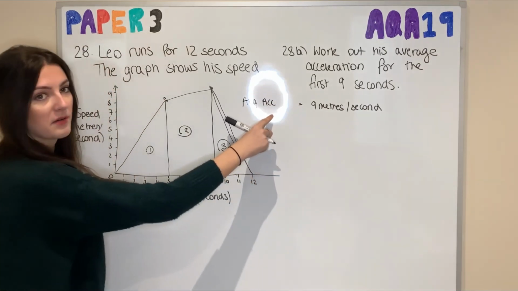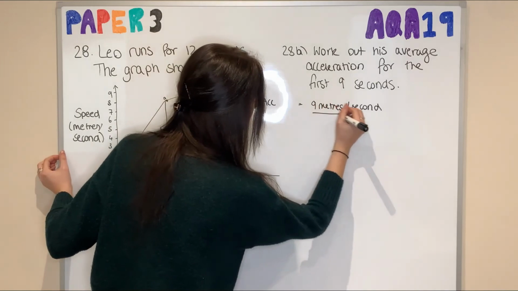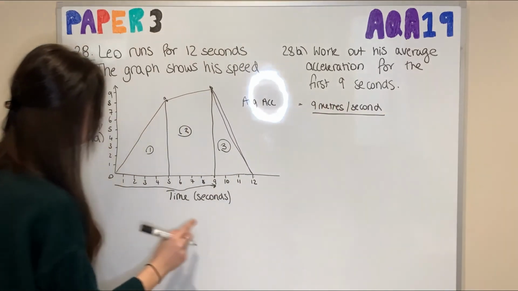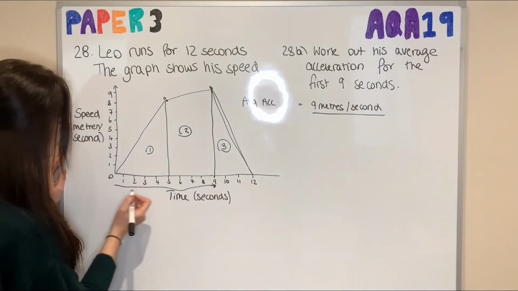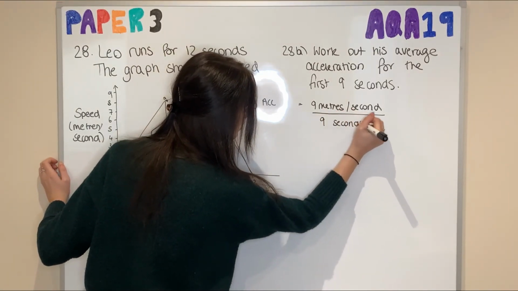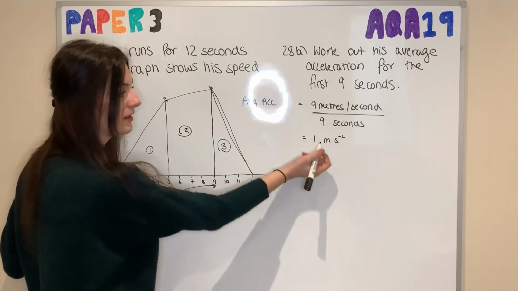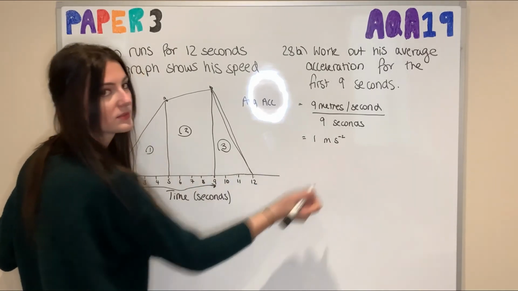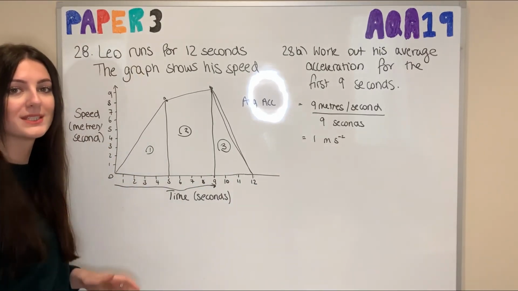So we're working out our average acceleration. Then we divide this 9 meters per second by the time that it takes, which is 9 seconds. And this gives us an average acceleration of 1 meter per second squared. And that is our question 28b.